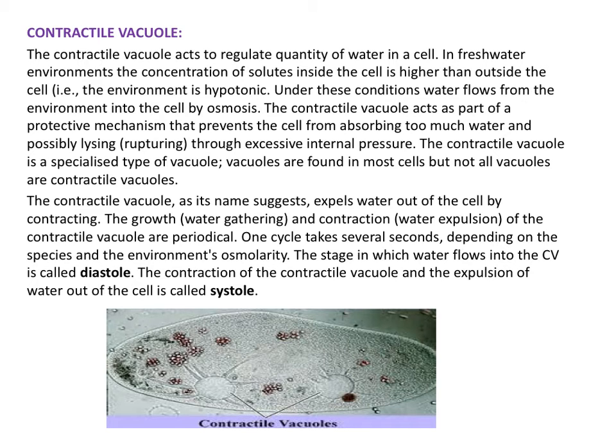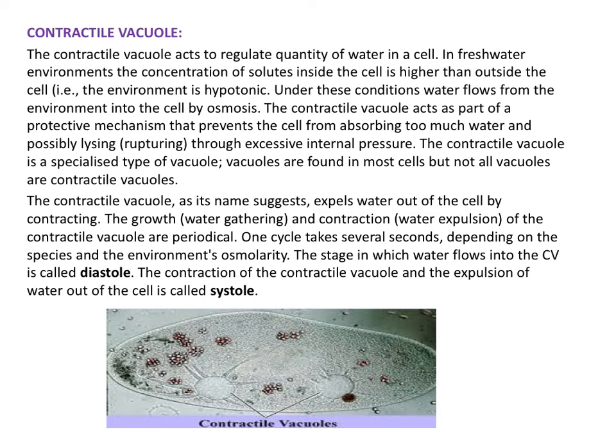So the contractile vacuole is like a protective agent inside the cell of these protozoa. What does it do? It prevents the cell from absorbing too much water, because the cell, which is hypertonic, is placed in a hypotonic environment. Naturally, osmosis will take place and there will be movement of water from the region of high water concentration, which is the environment, into the cell through the semi-permeable membrane of the cell.